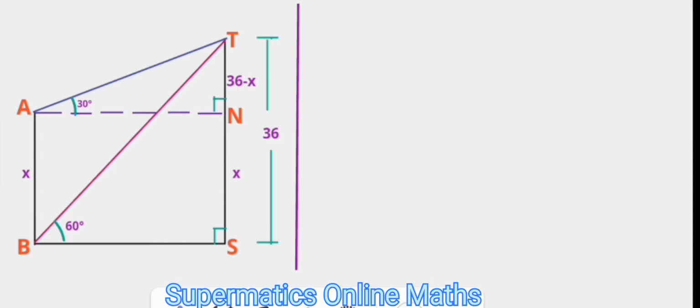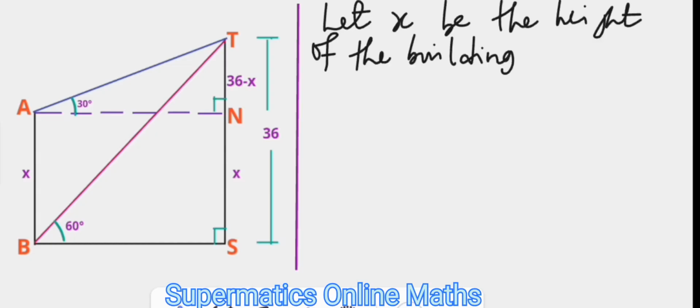So we have said x should represent the height of the building, and what this simply means is that AB is x meters. And don't forget, this is also NS.